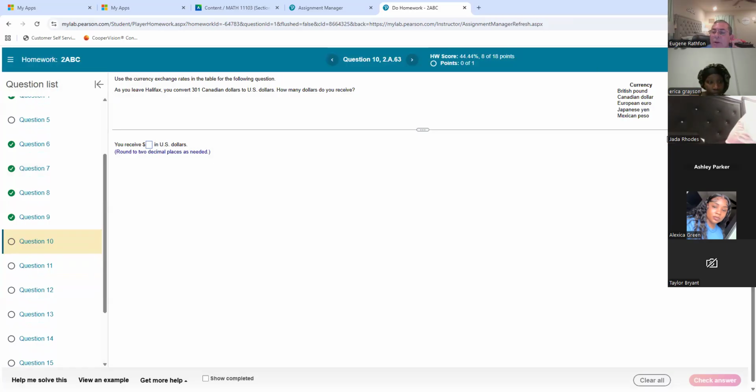So on that one, they're giving you the exchange rates on the right side over there, sort of like that one I did a while ago. You're converting 301 Canadian dollars to US dollars. So that Canadian dollar and then dollars per foreign.